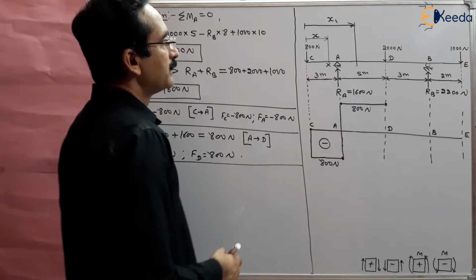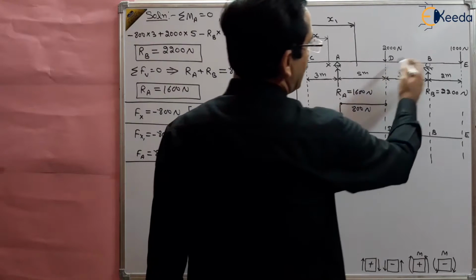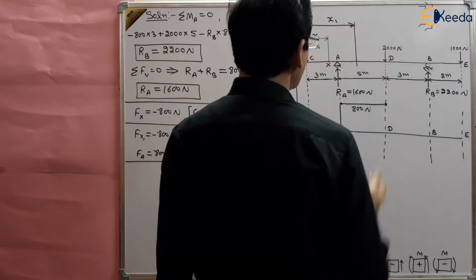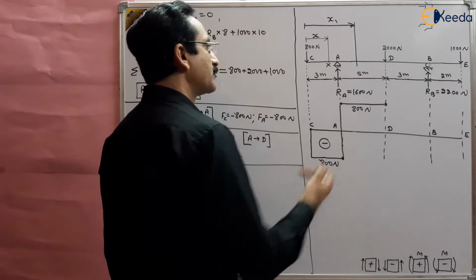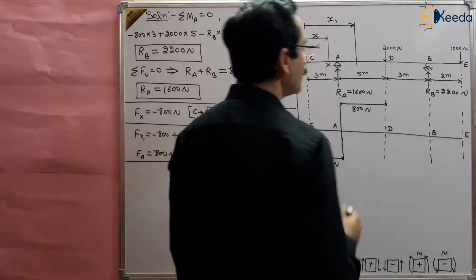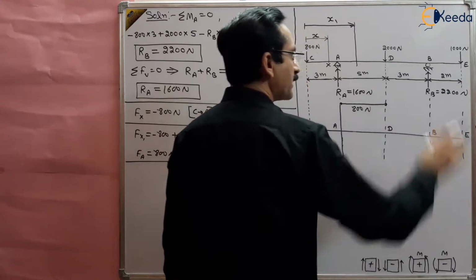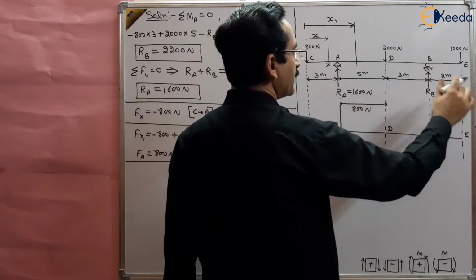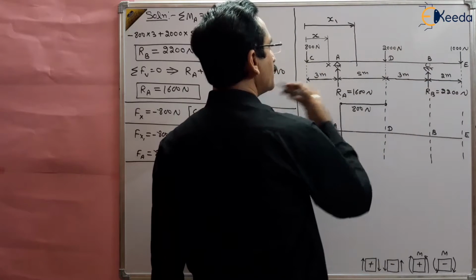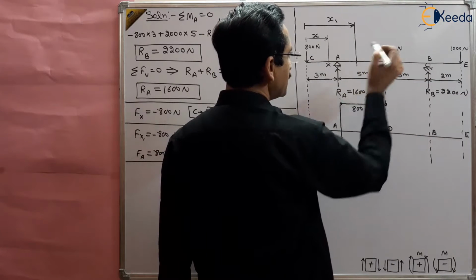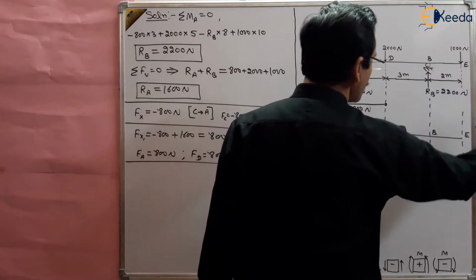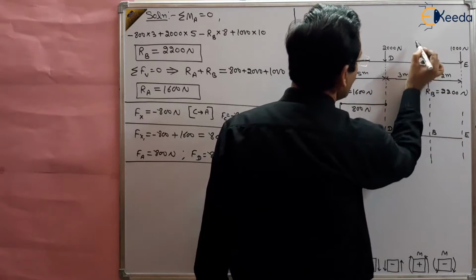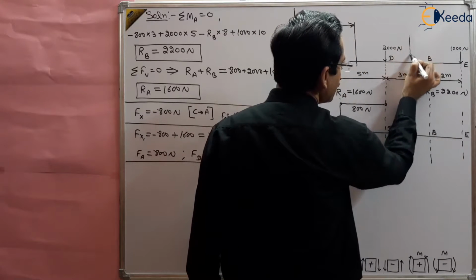Third part, from D to B, you can take a section to the left of the beam or to the right of the beam. To the right there are fewer forces, two forces. To the left there are more forces, 800, 1600, 2000. You can take the section from the right. So here I can take a section.